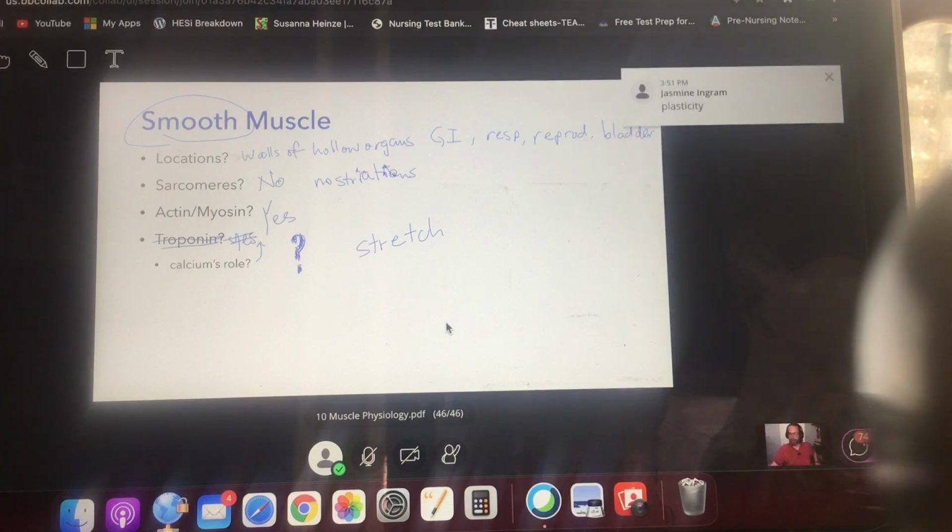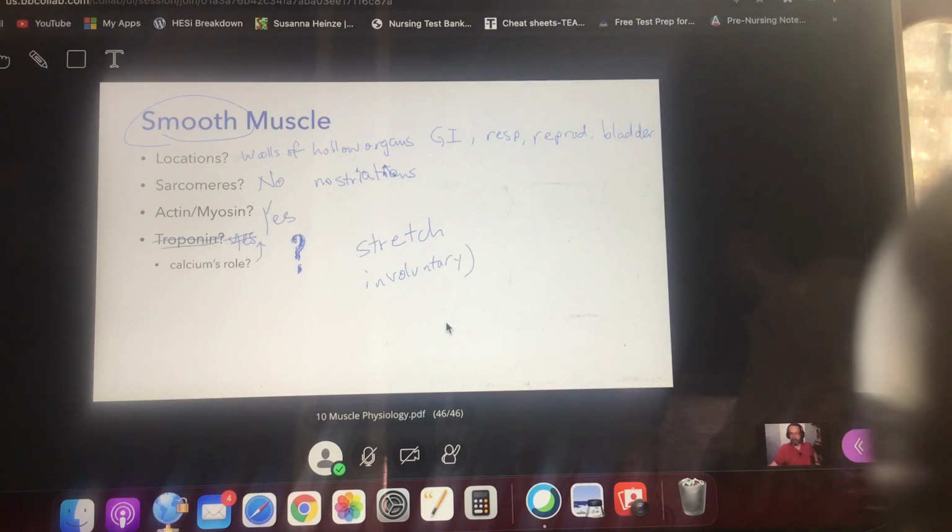It's weird. This muscle tissue is involuntary, so it will contract without your brain thinking about it. What stimulates it to contract is usually being stretched. It has this stretch, relaxation, and then contraction response, and that's what allows it to work that way.